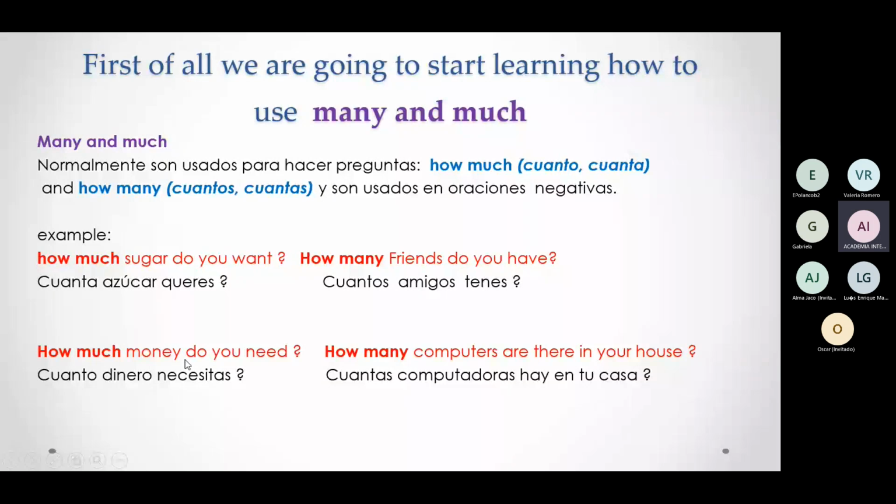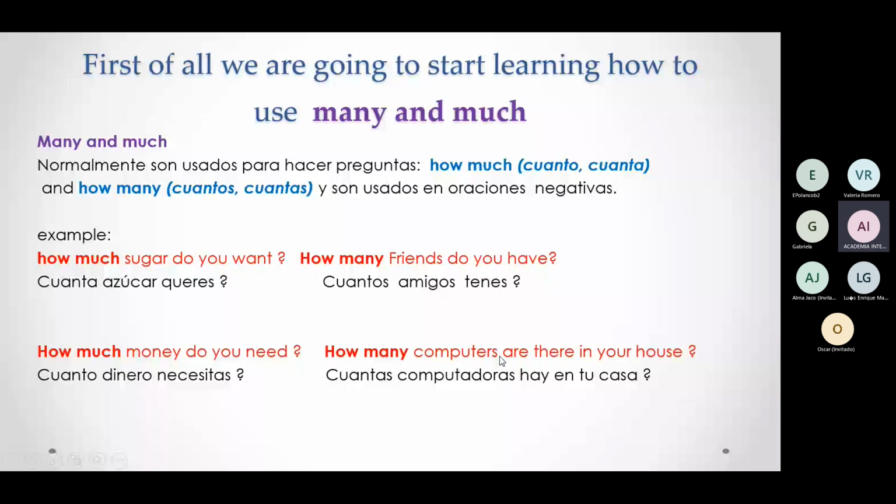Okay, now can you read the next one? How many computers are there in your house? Okay, can you repeat that again, please? How many computers are there in your house?